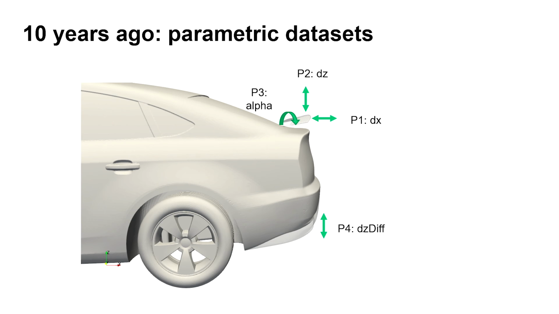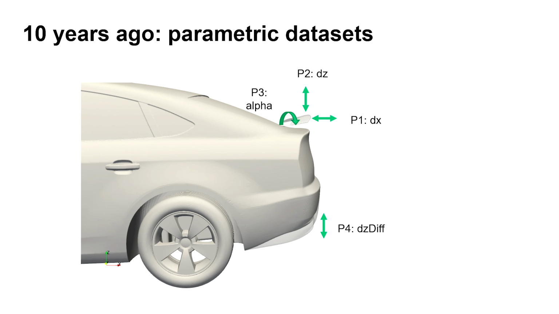The design space needs to be described by certain parameters like the X translation of the spoiler, the height, the angle of the spoiler, and maybe other combinations like the rear diffuser on the bottom, which also has a large impact on the flow around the rear of the car. And what you then did is run simulations that capture and describe this design space, being as smart as possible in terms of sampling strategies.